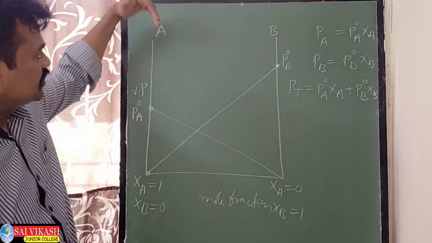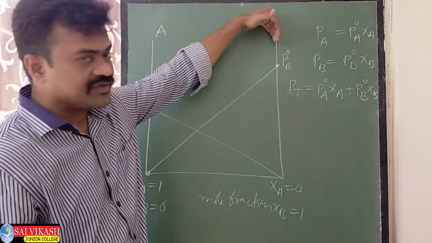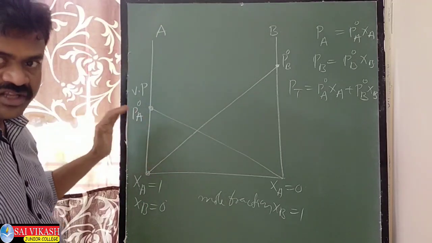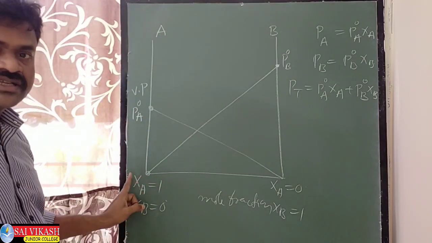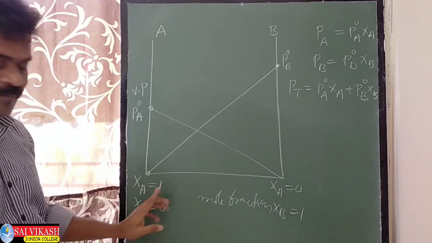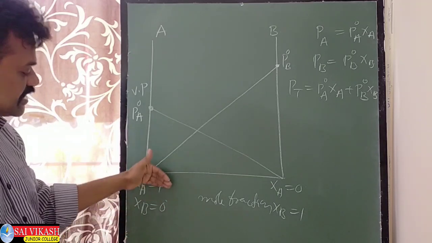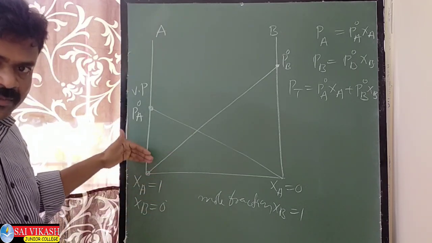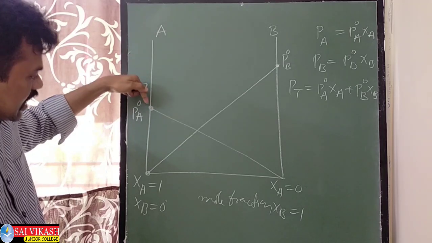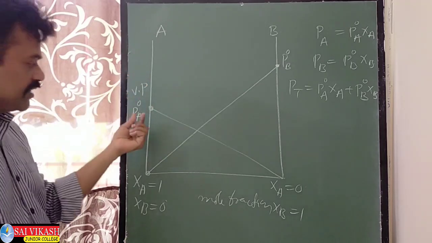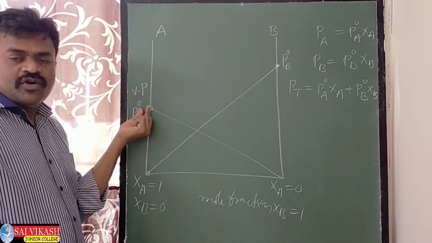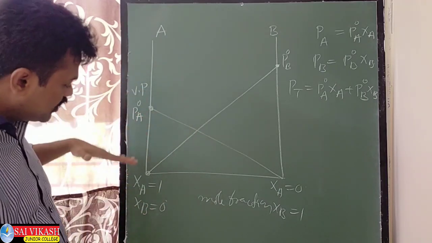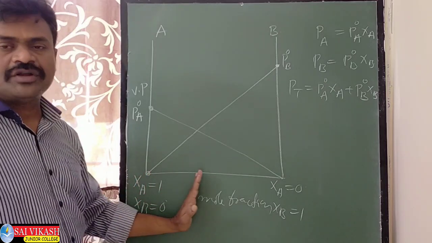Once again you see, this is liquid component A and this is liquid component B. From the beginning I have taken only component A. So in this case XA equals 1 and XB is 0. As XA equals 1, it has its own vapor pressure, that is P naught of A. I have placed the point here, with some value P naught of A. Now at this point I am going to add XB.